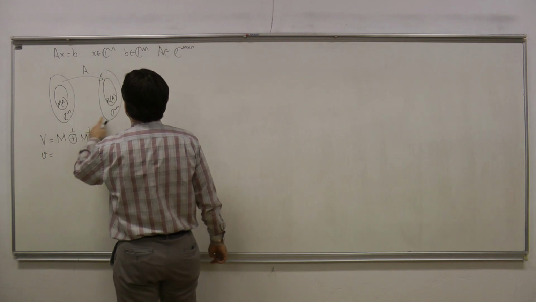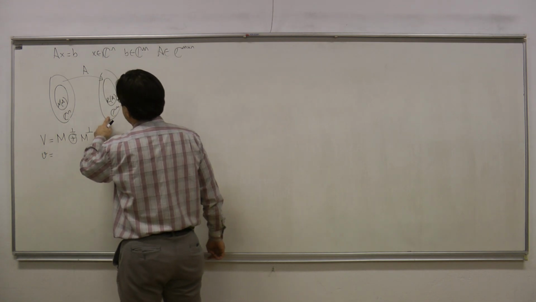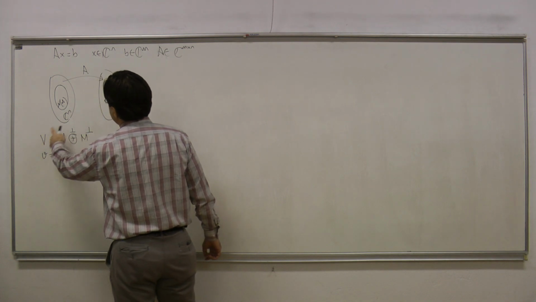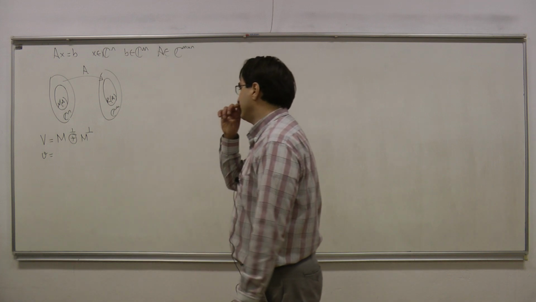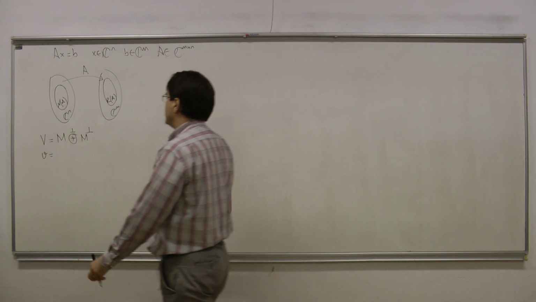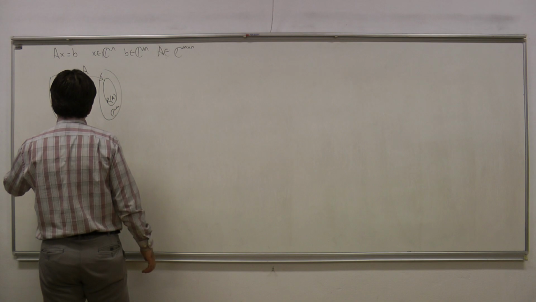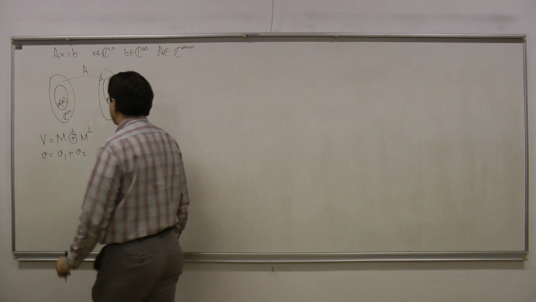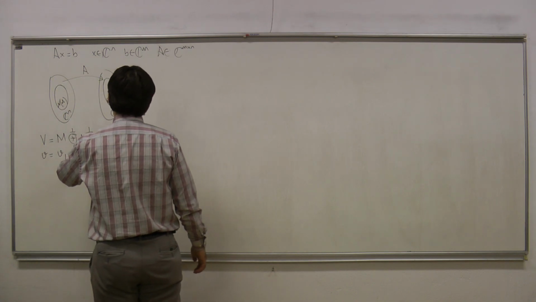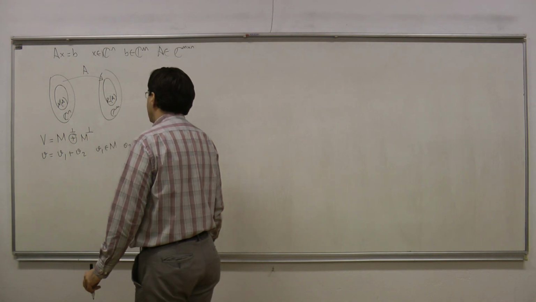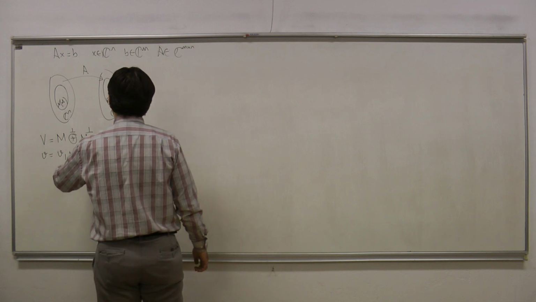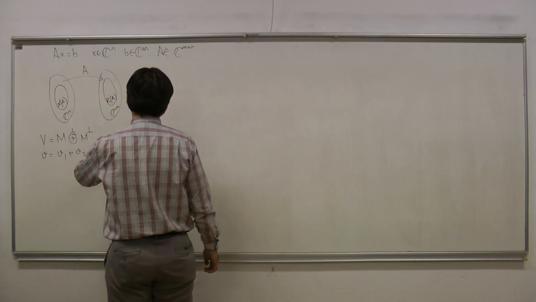I can choose my V as the codomain here. In that case, it's going to be Cm. And this means that I can write any vector v in capital V as a sum of two vectors, v1 plus v2, where v1 is in M and v2 is in M orthogonal complement. And I know that v1 and v2 are unique.